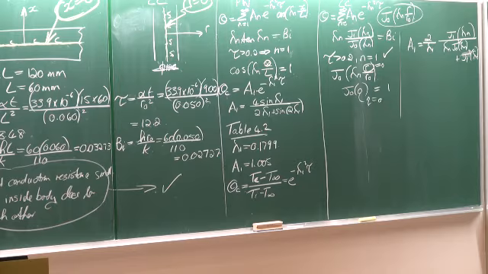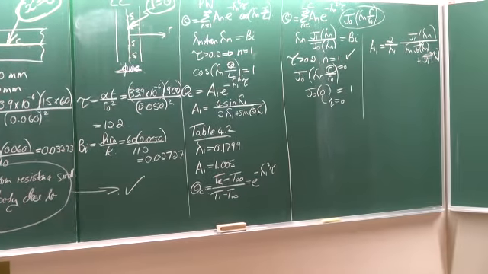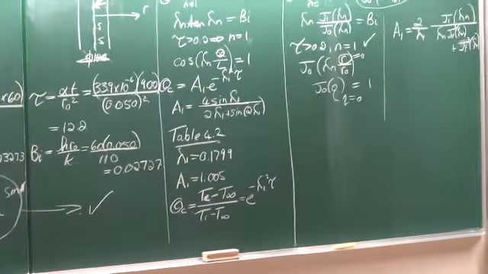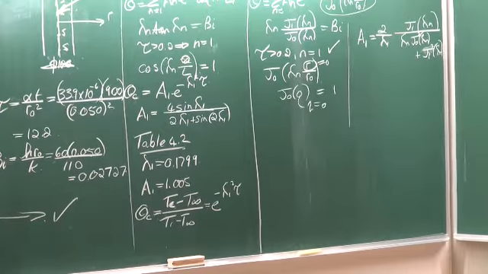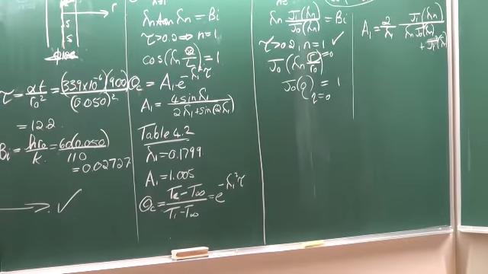Sorry for the writing. It's in the textbook. Just go and look at the values in the table. It is given there if I've made an error in the writing.